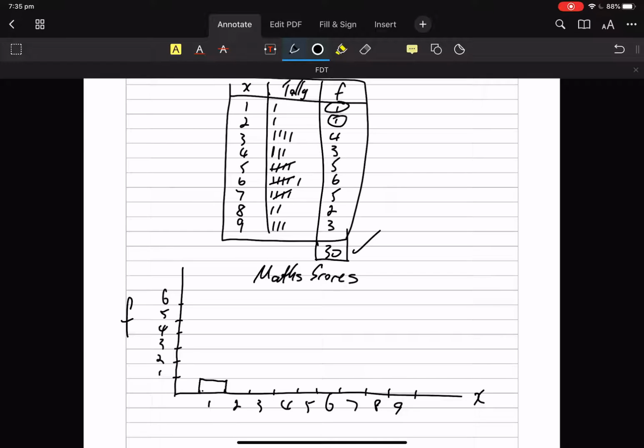The 2 goes up 1. The 3 goes up to 4. So I've got to go all the way to 4. You can see a histogram does not have gaps in between the bins. 4 is going up to 3. Well, that's annoying. 2, 3. 5 is going to 5.